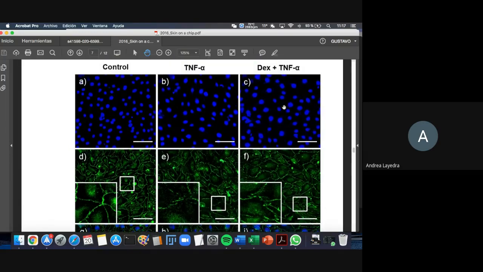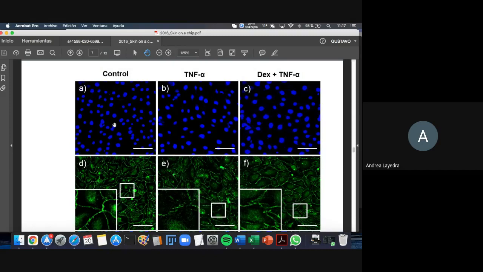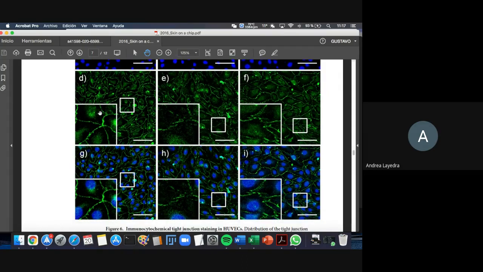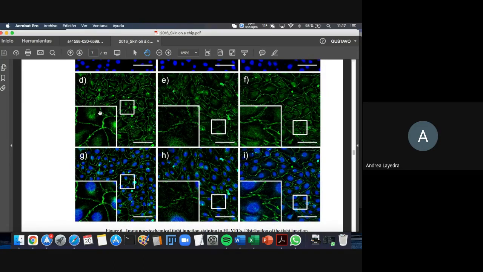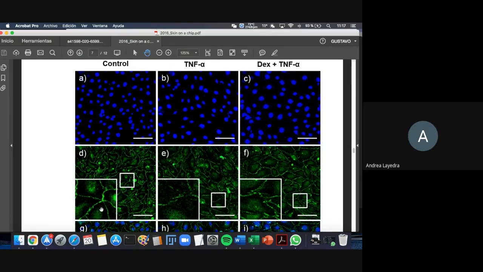They discovered that, for the junctions between the cells, in the first row you see the DAPI, the nuclei, and in the second row, they stained the proteins that allow the cells to be very close to each other, the junctions, and these proteins are the zonula occludens. In the control, the junctions are very tight.